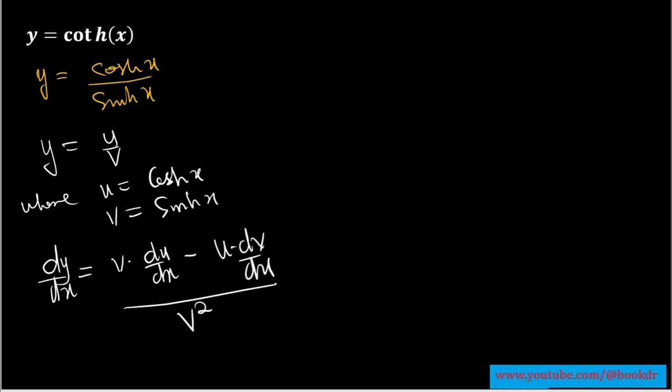So our v is sinh x. Differentiating u, du/dx, we still get sinh x.